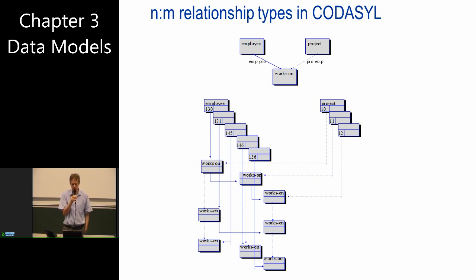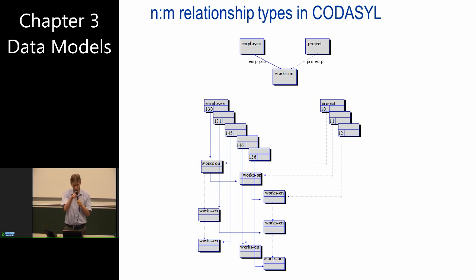And the way we're going to model that is by including the works on dummy. So from employee to works on, we have a set type. We have a set type from project to works on. We're going to have to navigate those two set types, left to right or right to left, depending upon what we want. Here you can see those set types, again, being visualized in terms of individual occurrence at the bottom half of my slide. So you can see employee 130 is going to work on project 10.